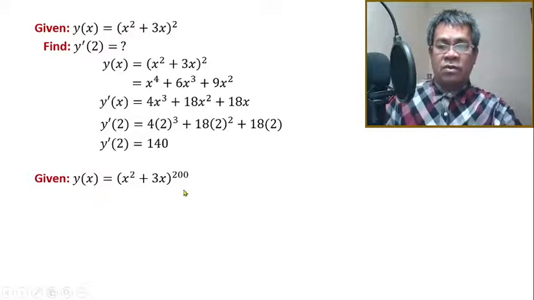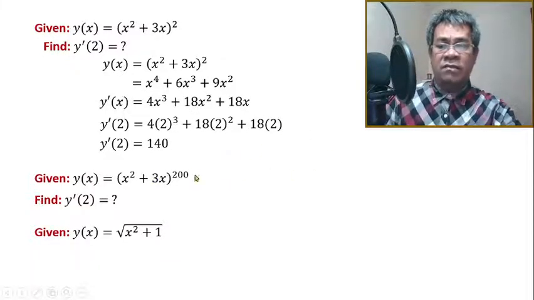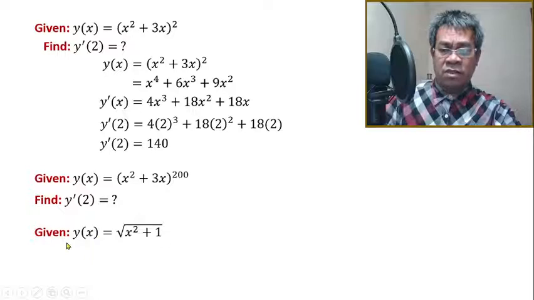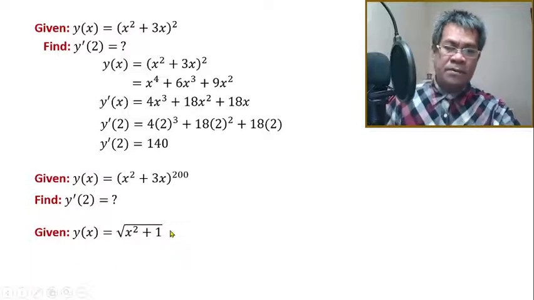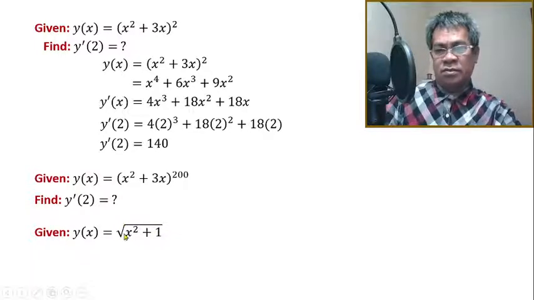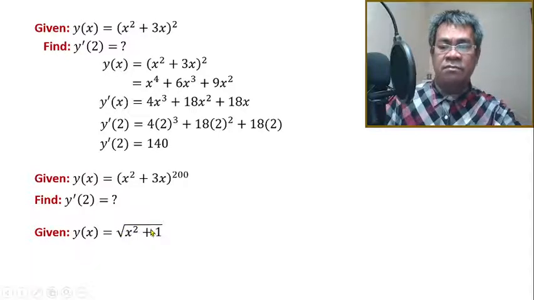Therefore, in this case, we need to go for the technique of differentiation. Also, look at this one: another function, f of x is equal to the square root of x squared plus 1. Take note that there is no fundamental theorem that can be used for this function, and we cannot expand since this is already the form.